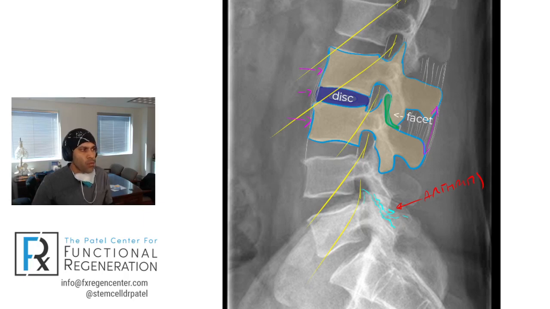So why or how does a facet joint become painful? Well, if we put abnormal pressure into a joint that has arthritis, then it's easier for that joint to get inflamed or irritated. Not only that, it's easier for that joint to get stuck in inflammation.